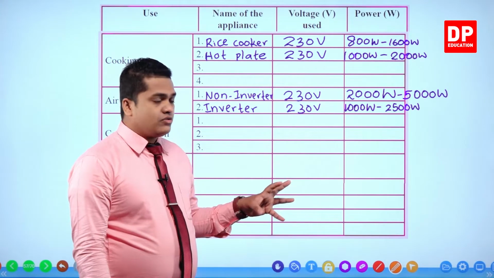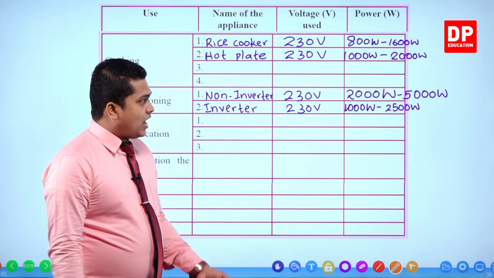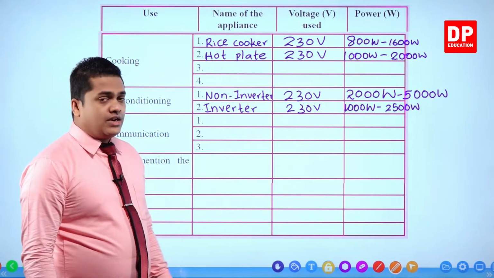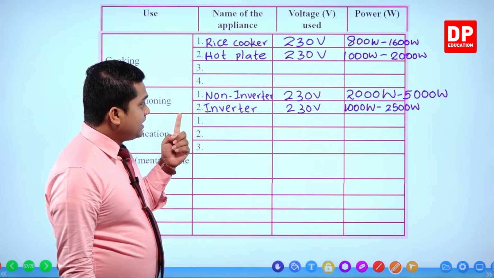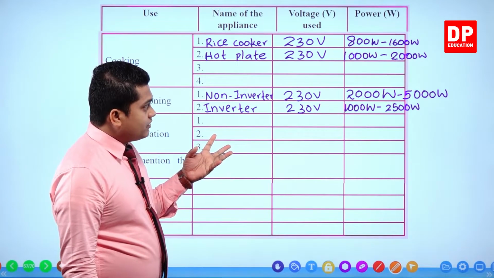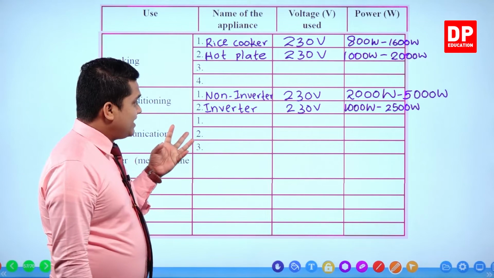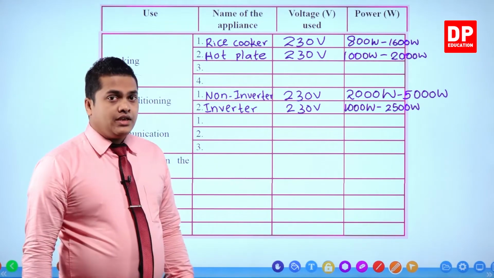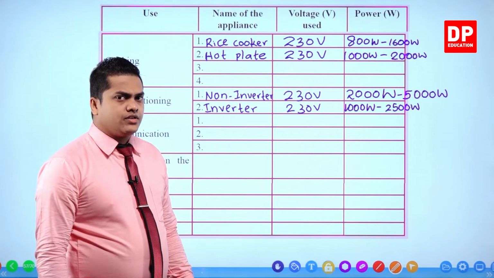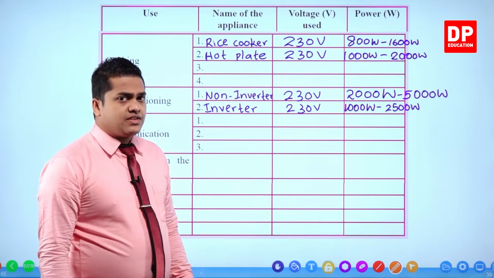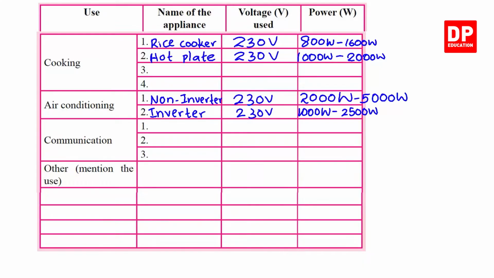I have written down the average values. See how much is the difference between an inverter and a non-inverter one. In a non-inverter one, the value starts from 2000 watts, but an inverter one works with only 1000 and finishes around 2500. So lots of energy can be saved when you are using inverter technology air conditioners.